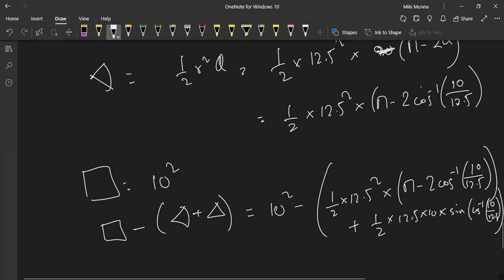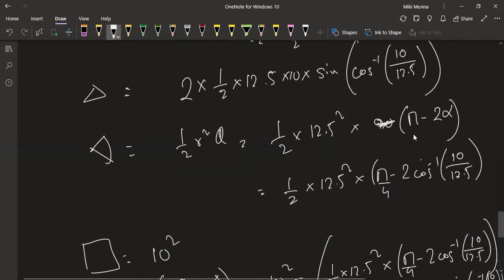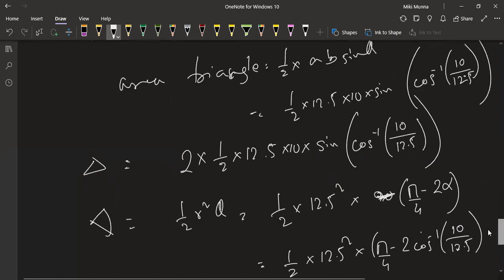So if I do the simplification, area of square is 100 minus area of sector, 0.5 into 12.5 square into pi over 4. Sorry, I'm really sorry, I'm making some mistakes here. This is actually pi over 4. The rest are perfectly fine.